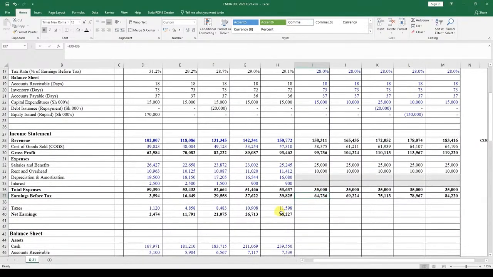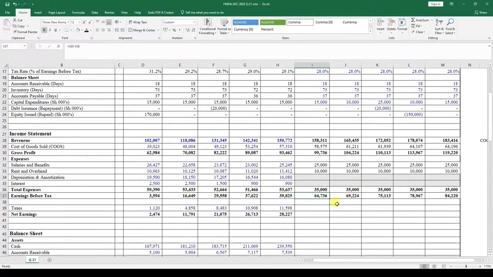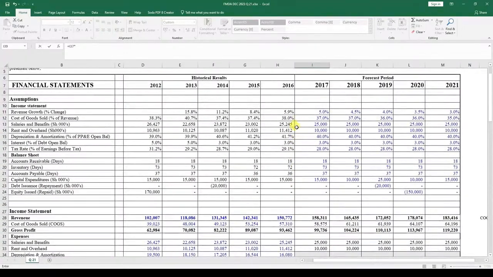Now for the taxes over here, we have been told something about the tax rate right above here. You can see the tax rate is as a percentage of earnings before tax, and it's 28% all through. So what does that mean? That the tax will be based on that value times the taxation rate which is given to us right here.